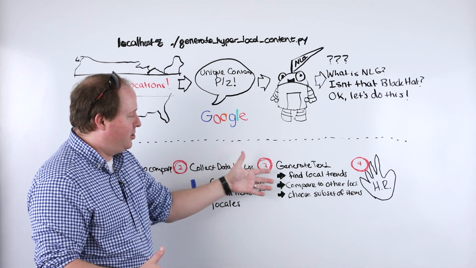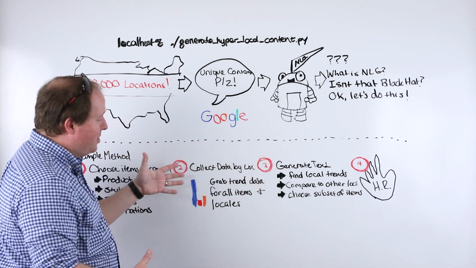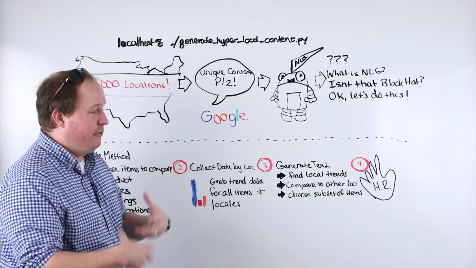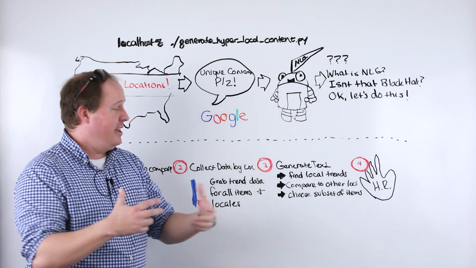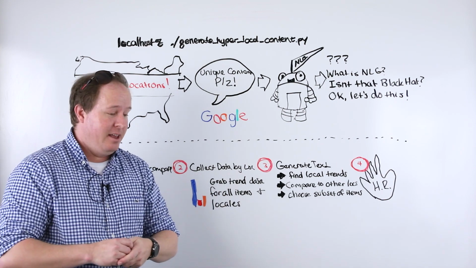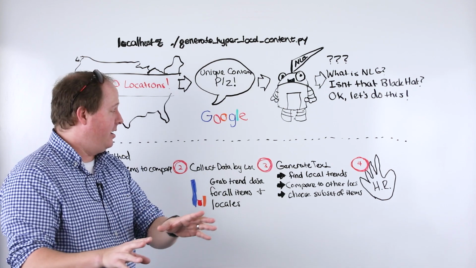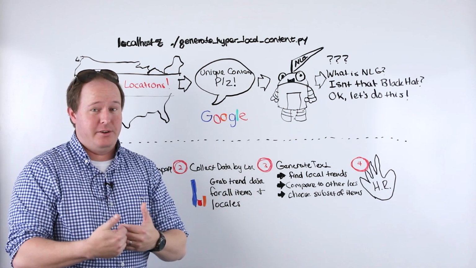So this is where we're talking about generating the text from the trends and the data that we've grabbed from all of the locales. Now, the first step, of course, is just looking at local trends. But local trends aren't the only place we can look. We can go beyond that. For example, we can compare to other locations.